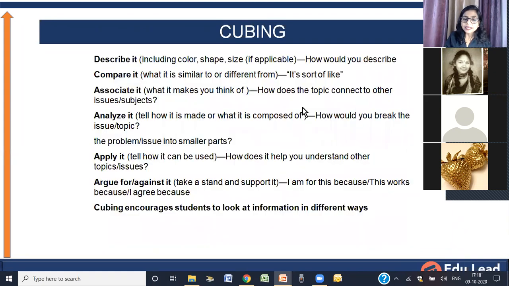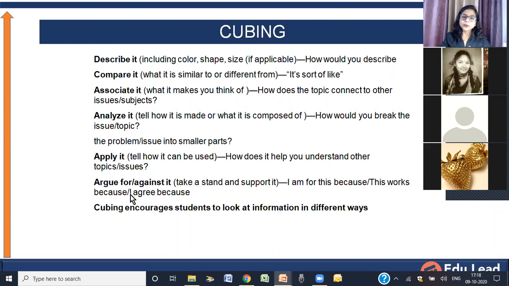I'll give you another example here. On the faces of the cube, you can write anything. There are six faces, and you can write anything there. It could be describe it, compare it, associate it, analyze it, apply it, argue for or against it. Whatever you want to put on the faces of the cube, you can do it. You can have various cubes for various groups, on the basis of Bloom's taxonomy, and you can see this is on the basis of Bloom's taxonomy only.